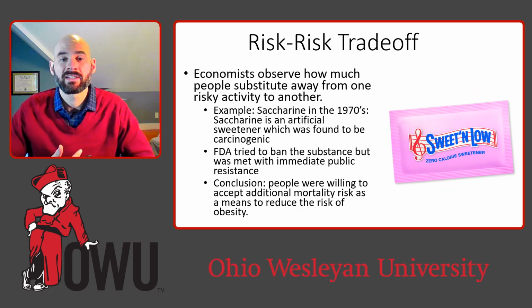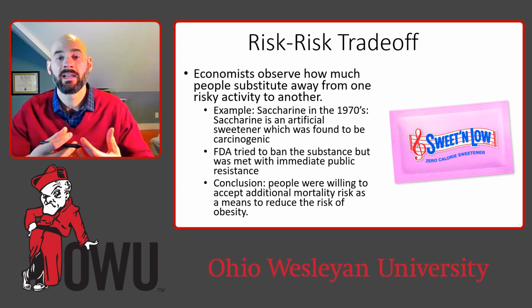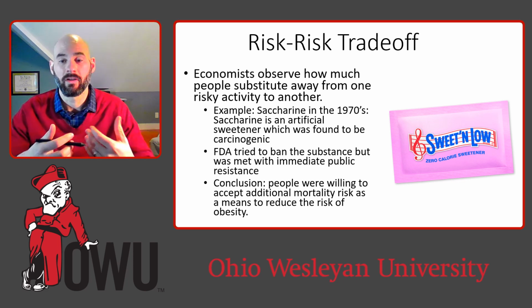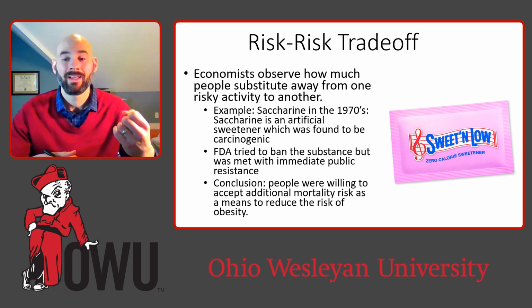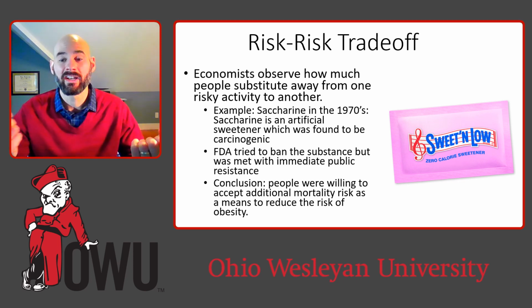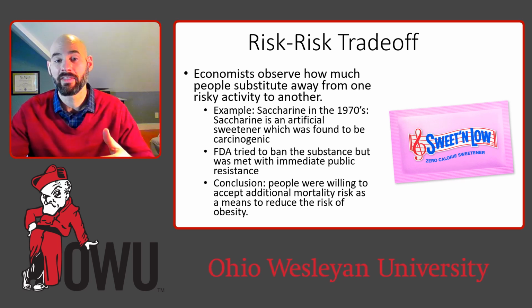So the risk trade-off is going to be the process of valuing a sickness or avoidance of sickness by comparing the trade-offs that people make between the sickness that we're trying to value and another health outcome which we already have a value for. And so economists then observe how much people substitute away from one risky activity to another.